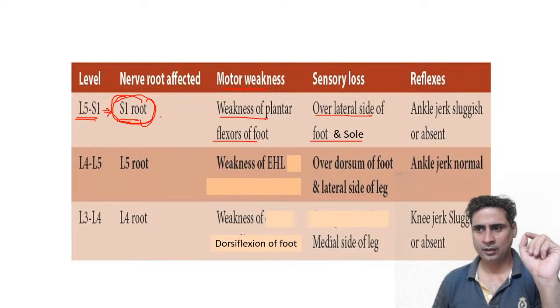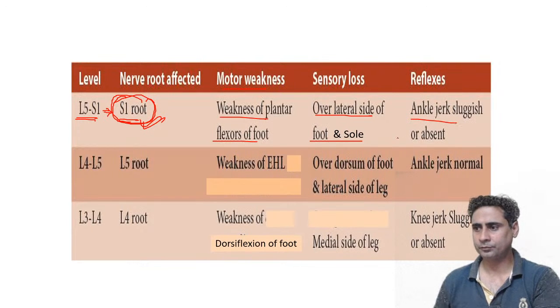The S1 root is the most important root for the ankle jerk. So in L5-S1 intervertebral disc prolapse, there will be a sluggish ankle jerk.